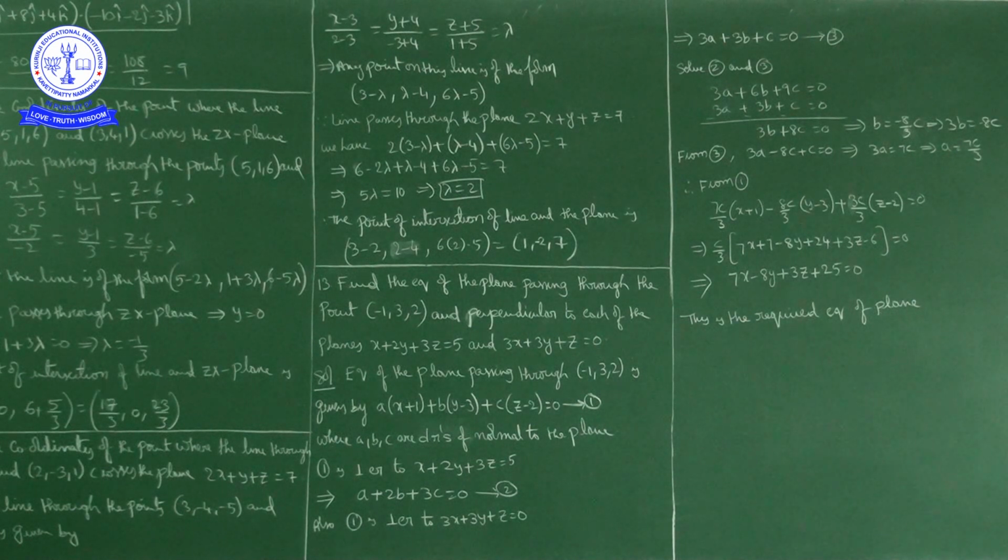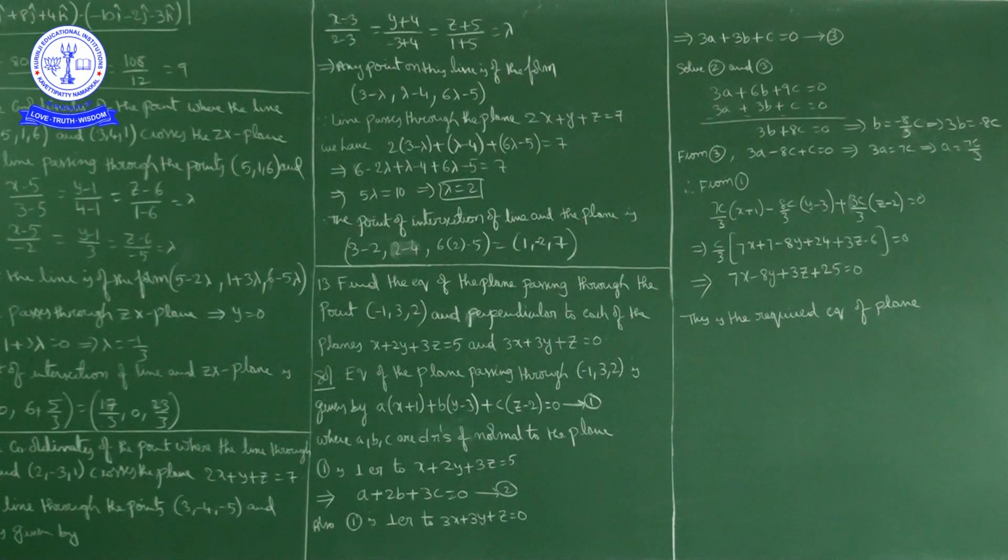Now from equation 3, 3a + 3b + c = 0. In place of 3b we can write -8c. So 3a - 8c + c = 0, so 3a = 7c. So a = 7/3 times c.